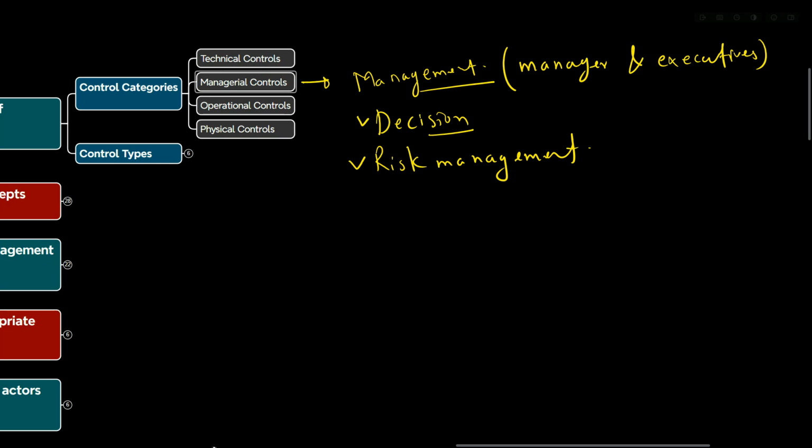It is all taken care of by managers and executives. They also focus on procedures, telling you how to take care of certain activities. So decisions, risk management, and procedures are handled by management and executives.